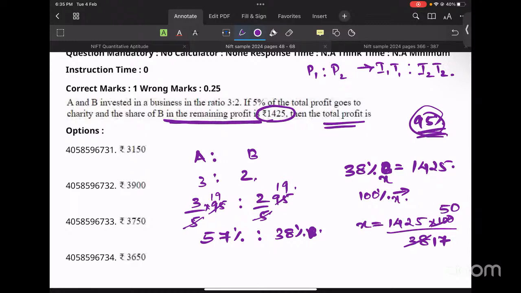Just a second. So 2 into 19, 38%. A and B invest in the business 3 is to 2, 5% of the total profit goes to charity, and the share of B in the remaining profit, that is 38%, is 1425.